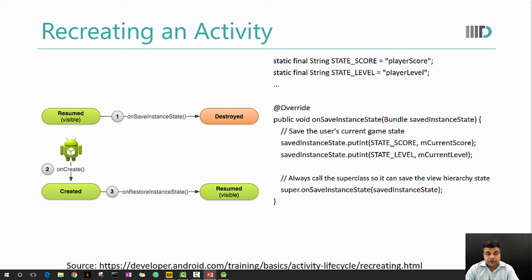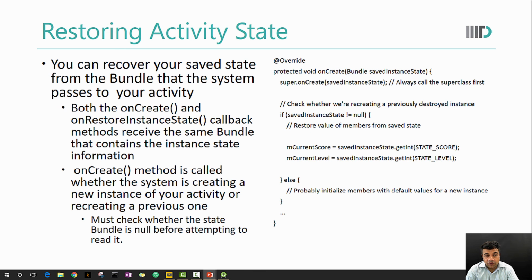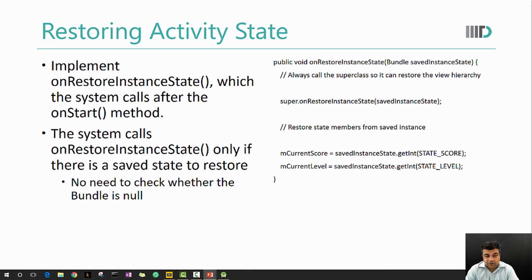Another way of restoring is to implement onRestoreInstanceState. This is a method which the system calls after the onStart method. A good point about this method is that the system calls it only if there is a saved state to restore, which means that there is no need to check whether the Bundle is null.